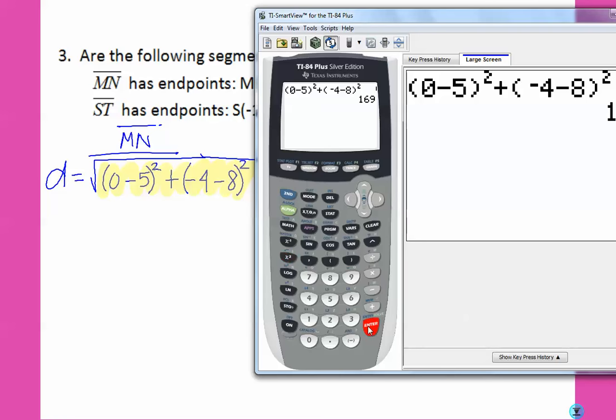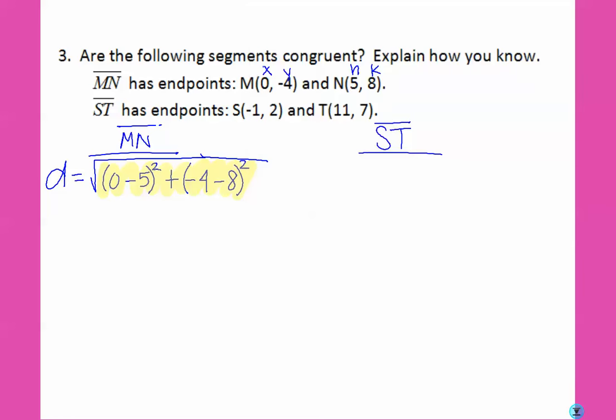And if I push enter, that tells me 169. So I now know that the distance equals the square root of 169. What's the square root of 169? That would be 13. So we're halfway done. The distance between M and N is 13 units.